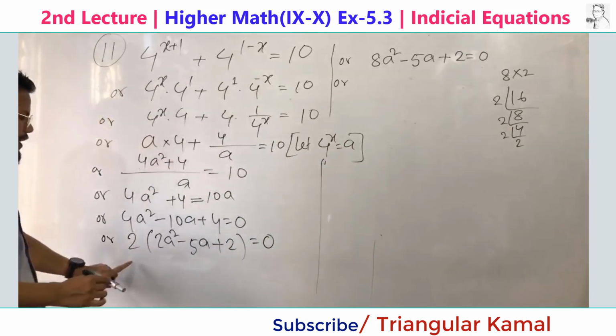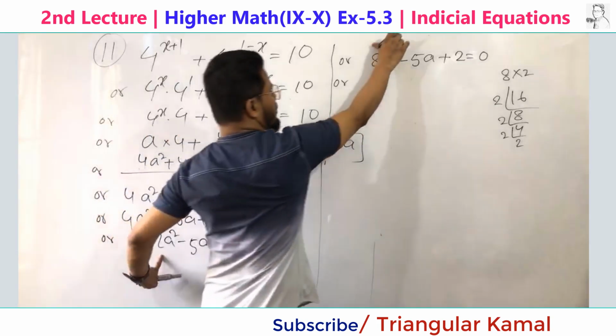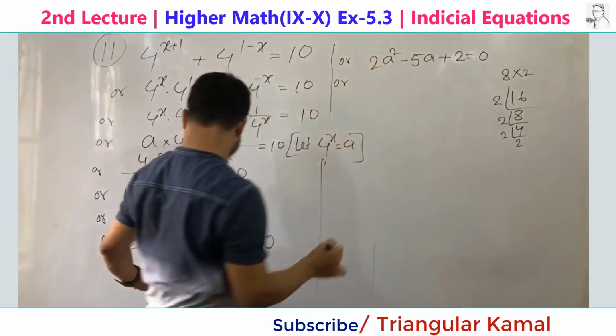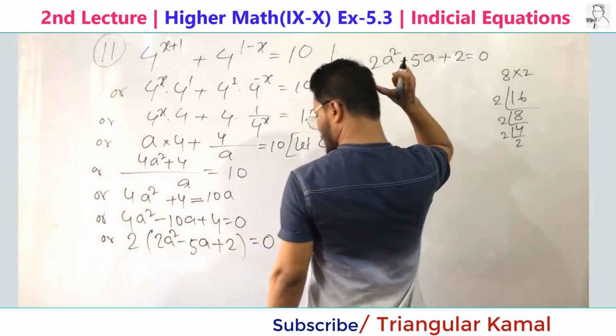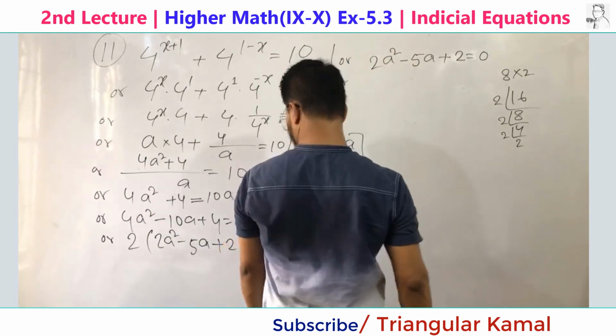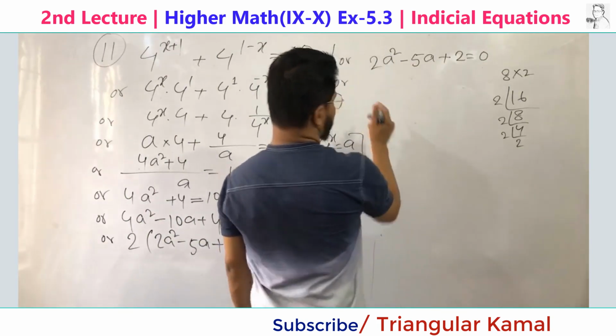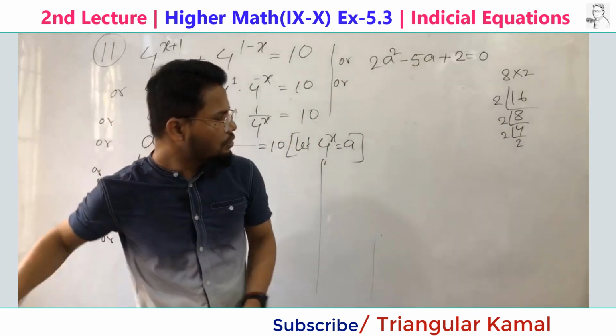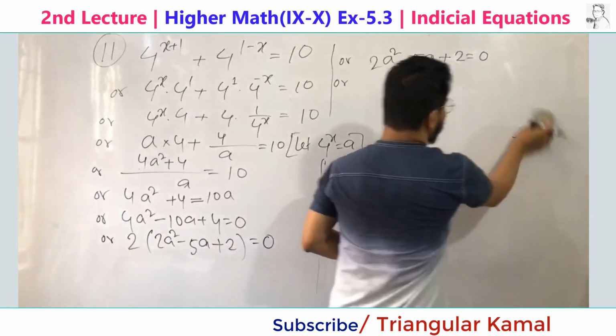So dividing by 2, this will be 2 times a square minus 5a plus 2 equals 0. Now do simple middle term factors here.